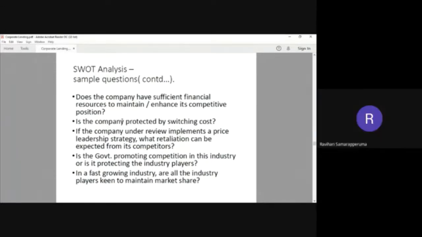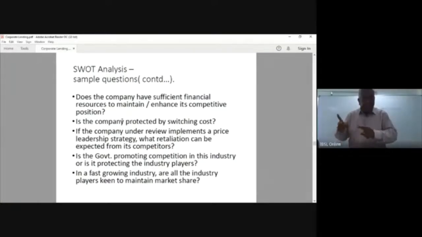What retaliation can be expected from the competitors? If there is retaliation, what is it? Whether it is a strength or weakness or opportunity or threat.